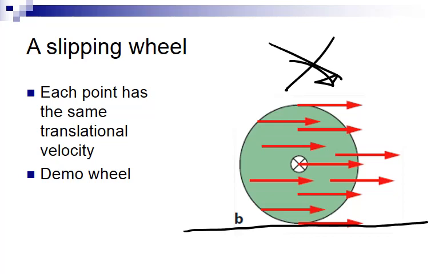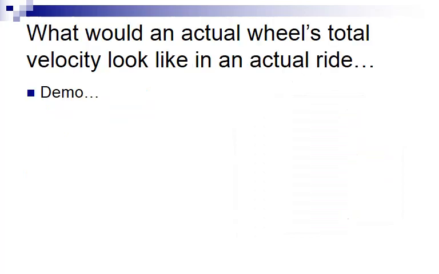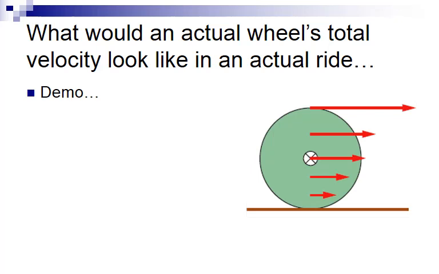Now if you actually have a wheel that's spinning, as it spins, you have rotational velocity, and then you also have the translational, which is right here. And both of those combine together.